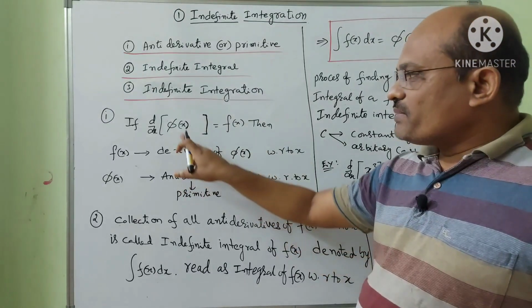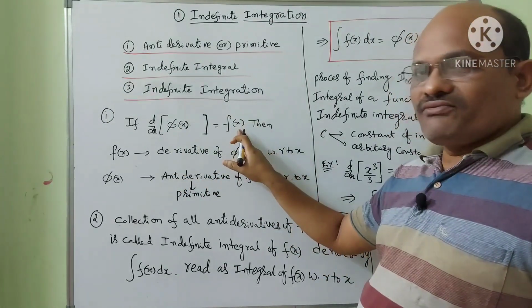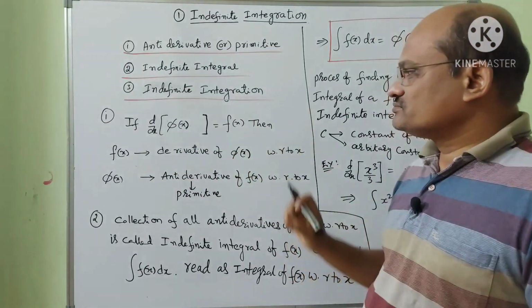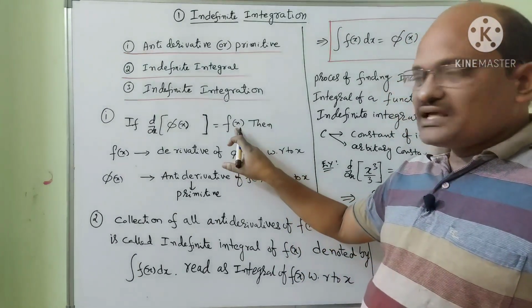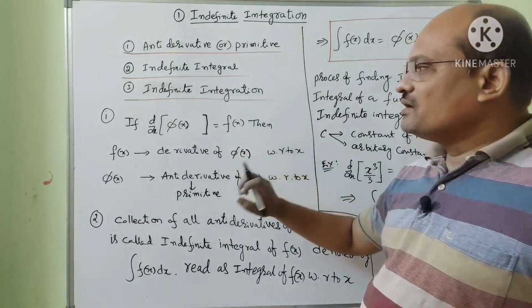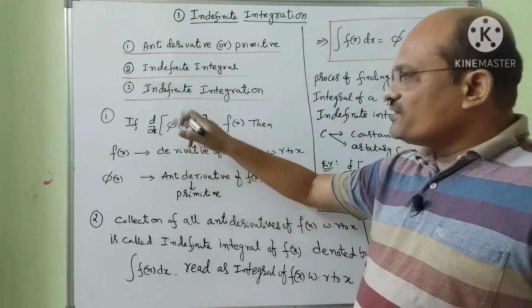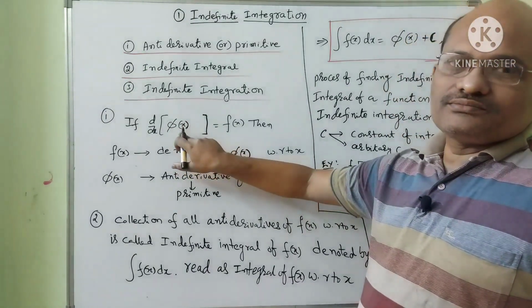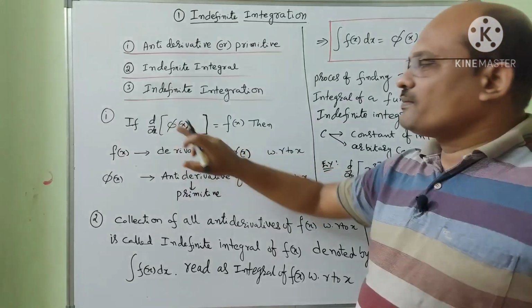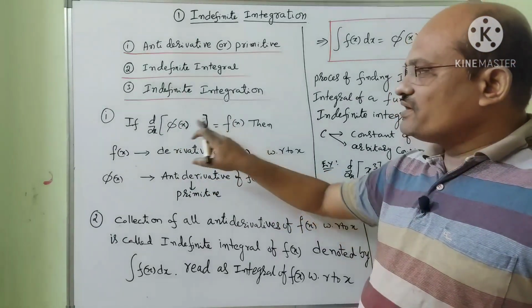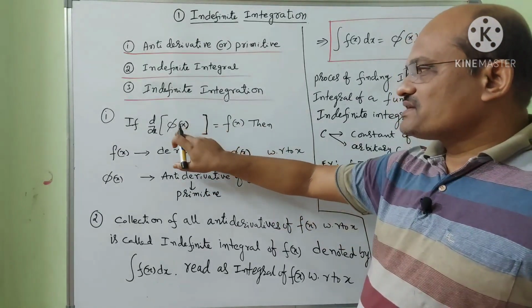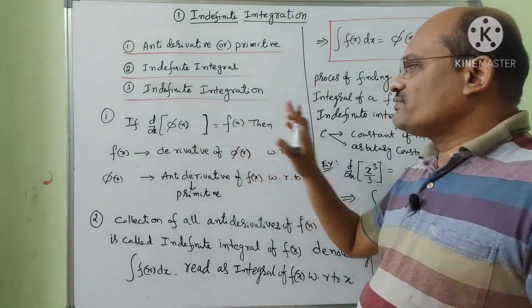In opposite way, phi of x is called antiderivative of f of x. I repeat, the outcome is the derivative. The function we are differentiating is the antiderivative. F of x is the derivative of phi of x. Phi of x is the antiderivative of f of x.